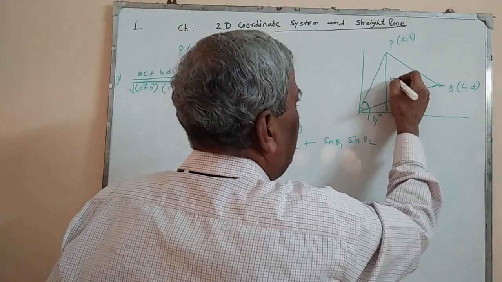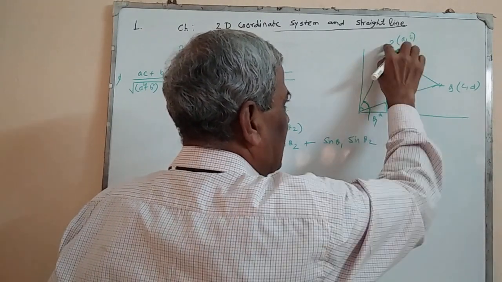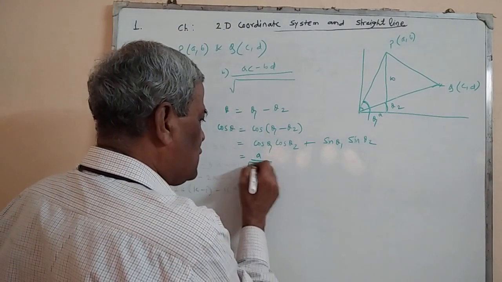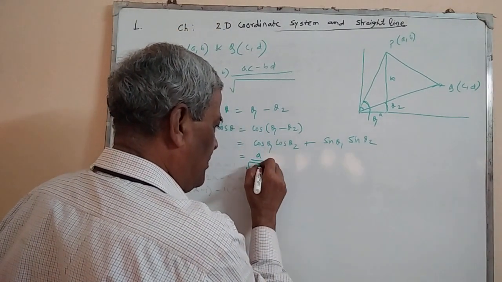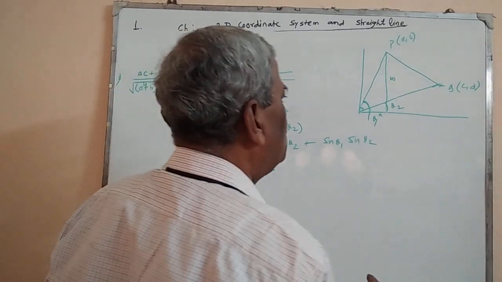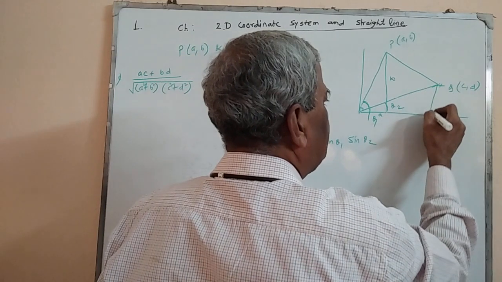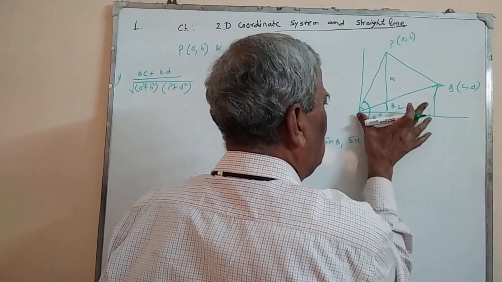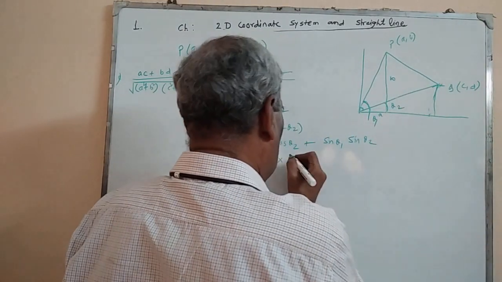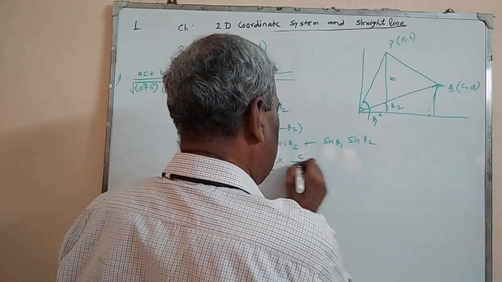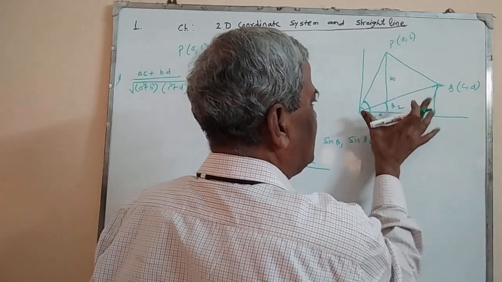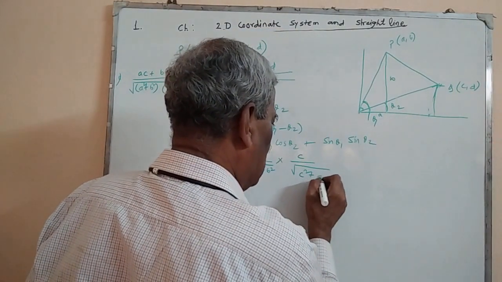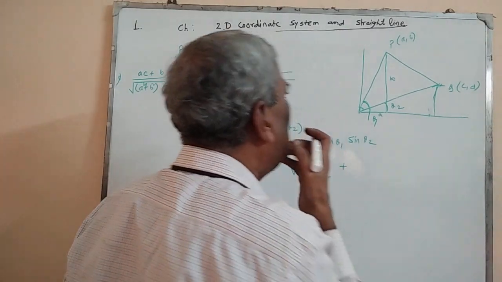This is A, and this is B, because the coordinate of P is (A, B). Then PO must be equal to root over (A square plus B square). Cos theta 2 by the same argument is C by root over (C square plus D square).